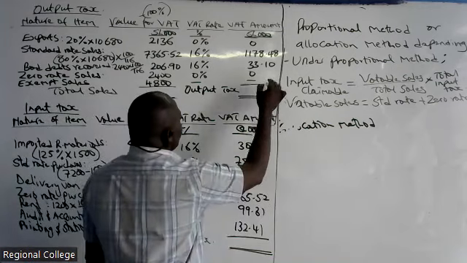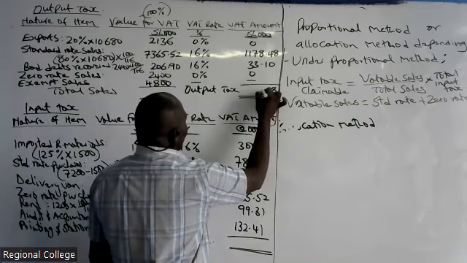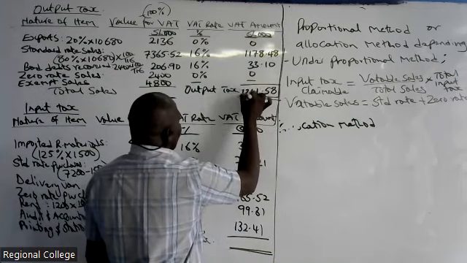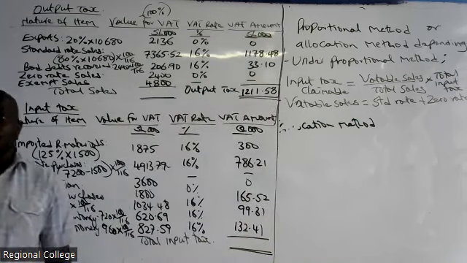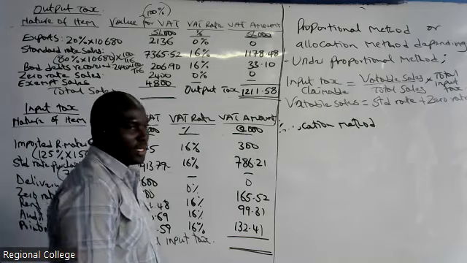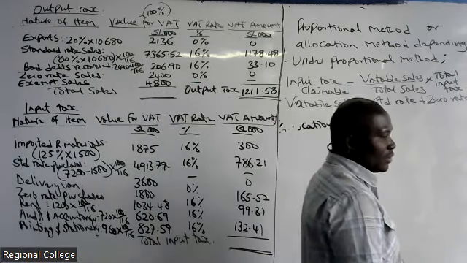Hii rahisi kupata. 11.58. I think imeshai. Total sales. Kama nyorosho umesema.